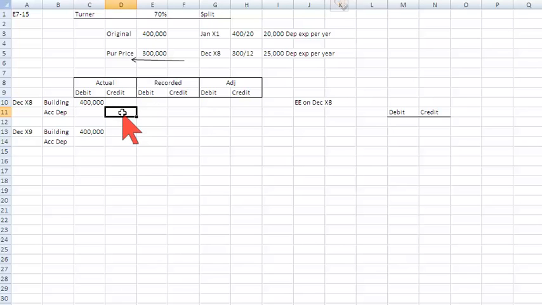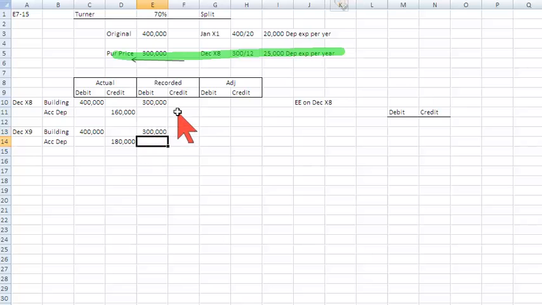Now here is the actual cumulative depreciation. We said actual was $20,000 depreciation per year. It's been 8 years, so 20 times 8 is 160. And by the end of X9, it would have been $180,000. Now recorded, we always look at the purchase amount from the affiliate. So the recorded will always be $300,000 for the building every year, no matter what year it is.